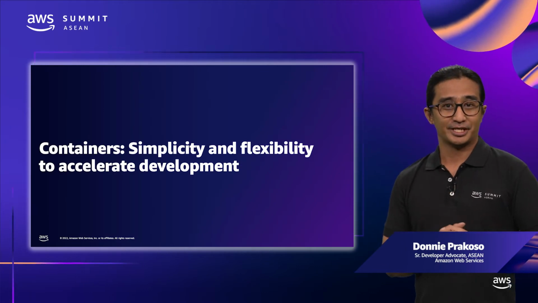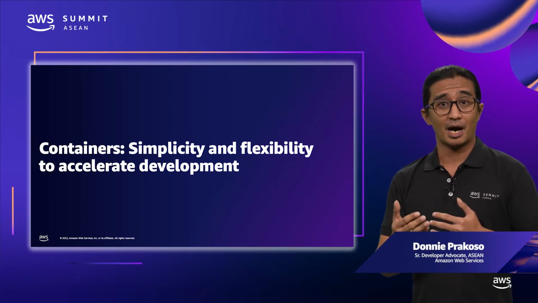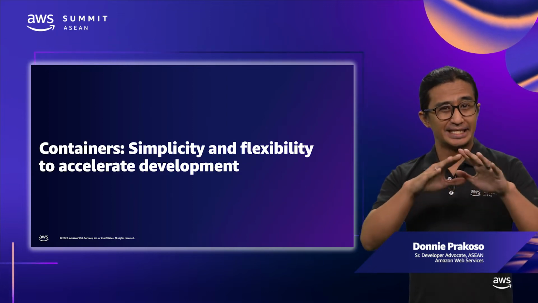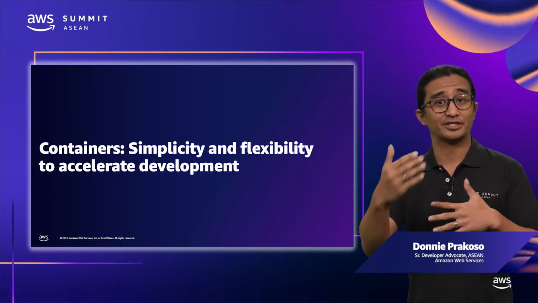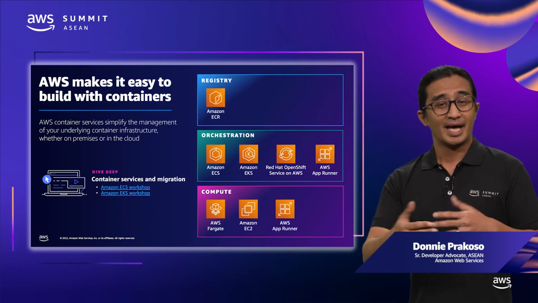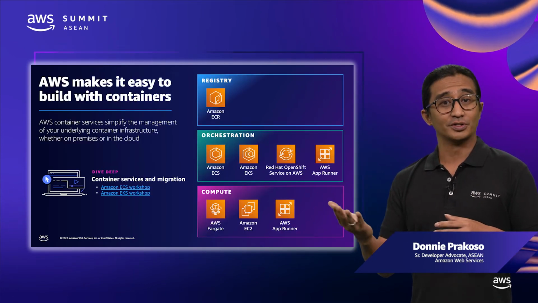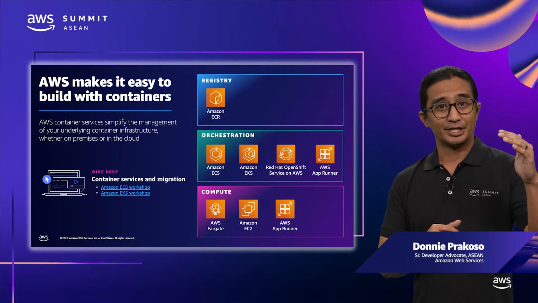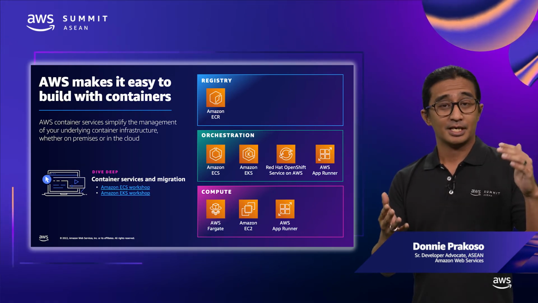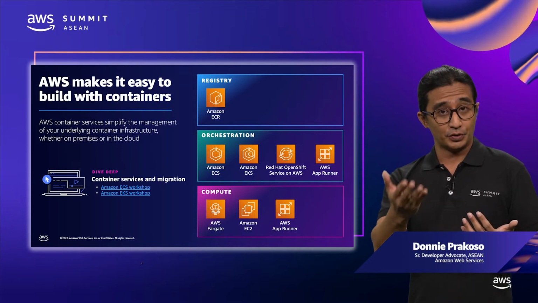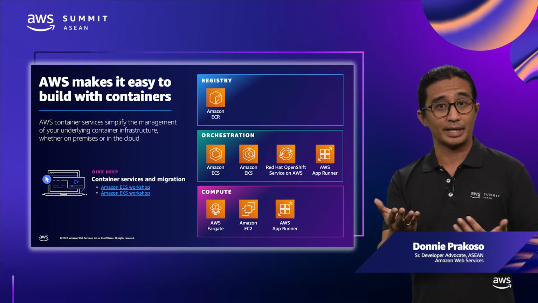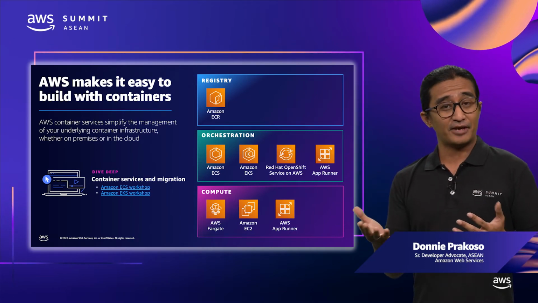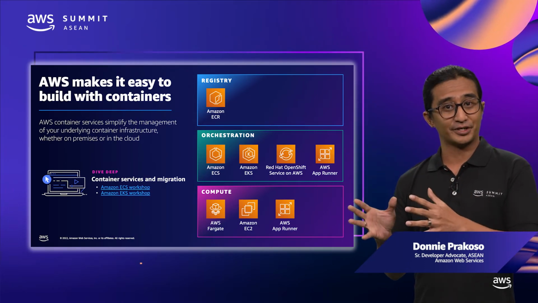Let's start with containers, because more and more developers are adopting containers. We love containers because they simplify development and provide flexibility. And this is the general landscape of container services on AWS. On the orchestration layer, we have a couple of options, such as Amazon ECS for those who want to simply deploy and operate their container application, and also Amazon EKS if Kubernetes is your preferred flavor.